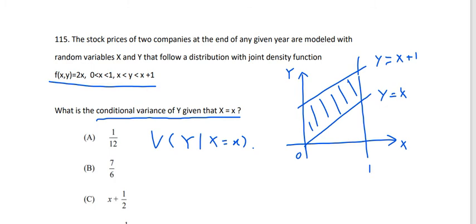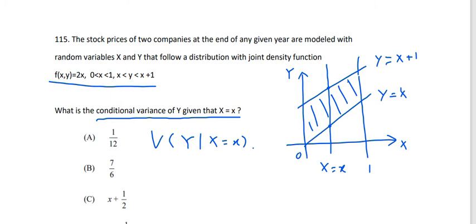So when x equals x, fix this x. What is the distribution for y? y is from here to here, and that's the function we just plug in.